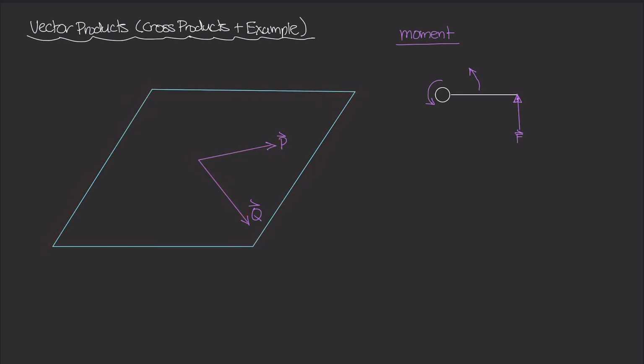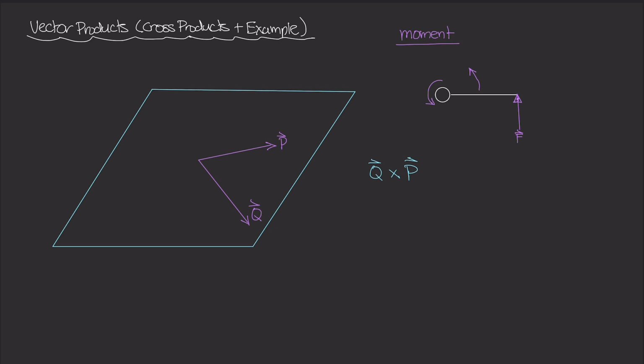Now, when we say we need to take the vector product of these two forces, what I really mean is that we need to do something called cross multiplication between vectors. So when I say, take the cross product or the vector product of these two forces, what I'm really saying is, what is Q cross P? Now, this sign right here, you might say, oh, that's the multiplication sign.